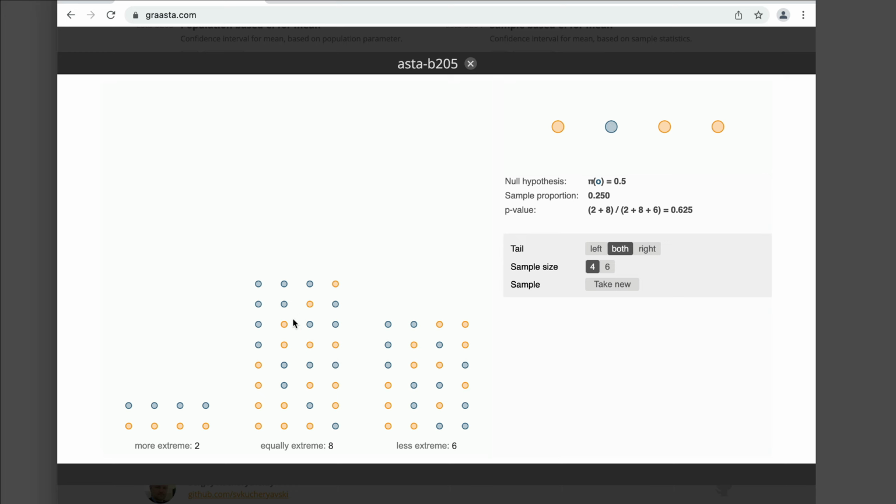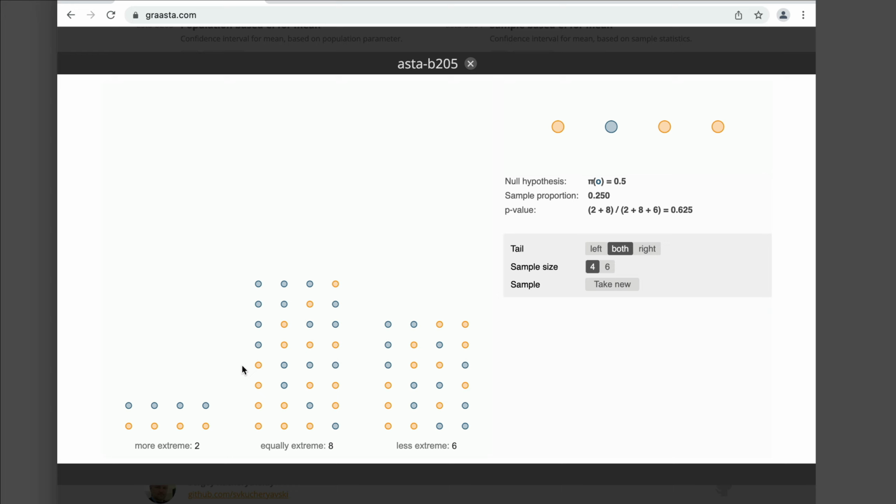So these are all possible outcomes where I have 25% of heads or 25% of tails. So I have 8 outcomes in total, right? All these samples are more extreme because here I have 100% of tails or 100% of heads. So these outcomes are even more extreme if you take the null hypothesis is true, right? But these outcomes are less extreme. 6 outcomes where we have 50-50, they are less extreme than the one that I observed now.